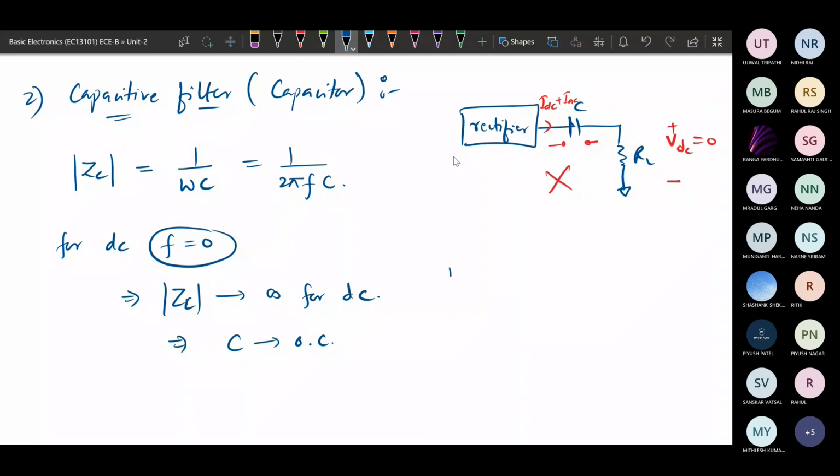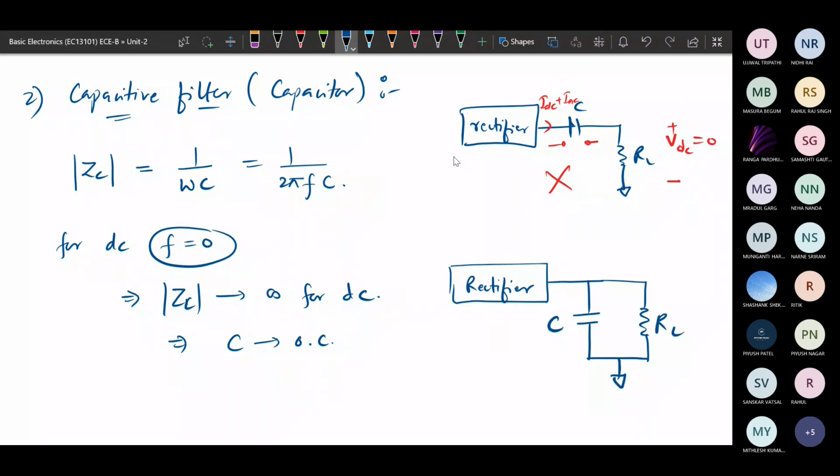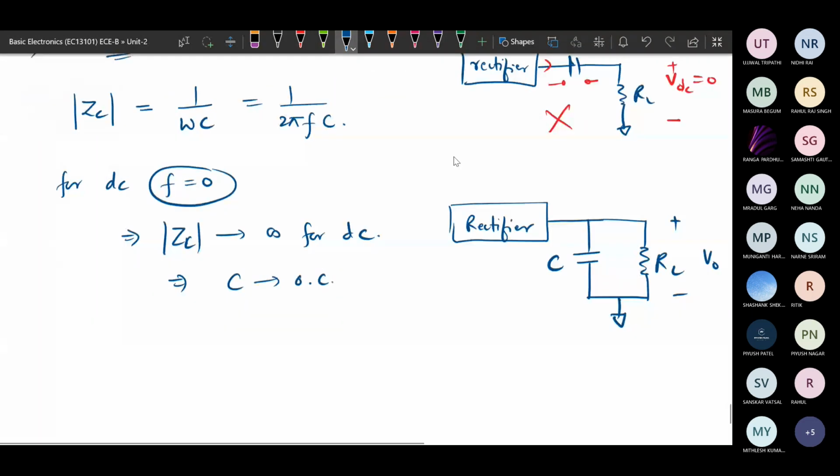The configuration that we will be using is one where a rectifier is there, and instead of using the capacitor in series, we will use it in parallel. This will be your capacitor and this will be your load resistance, and here we will take the output.